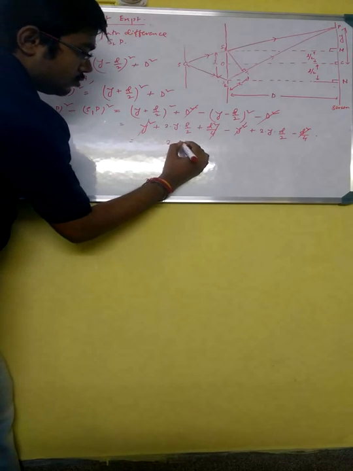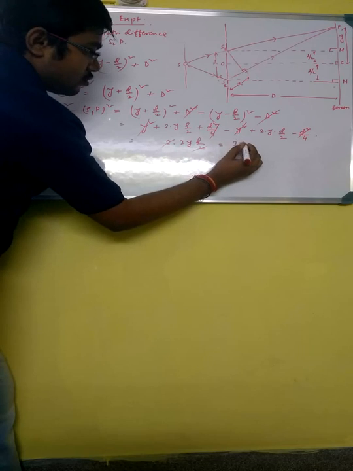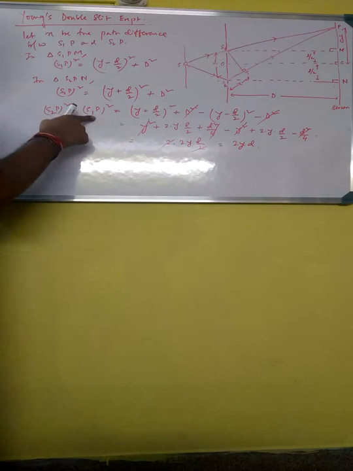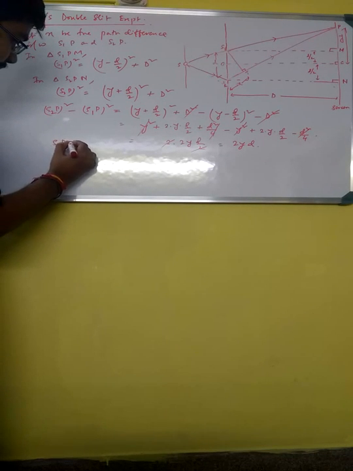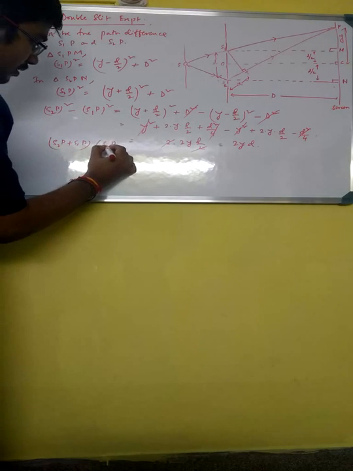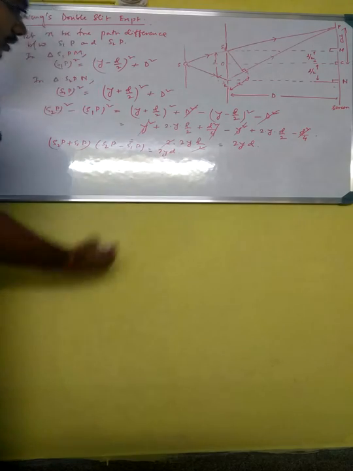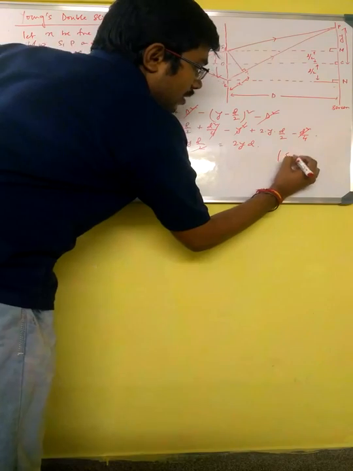We are left with these terms twice, so 2 into 2y d by 2, and we are left with 2yd. Now, a squared minus b squared is a plus b into a minus b, which gives us 2yd.